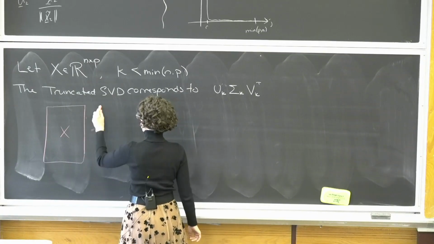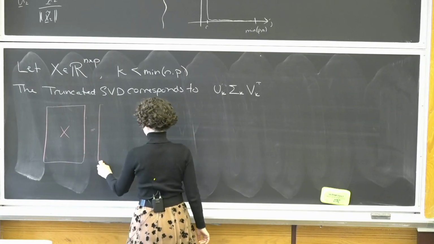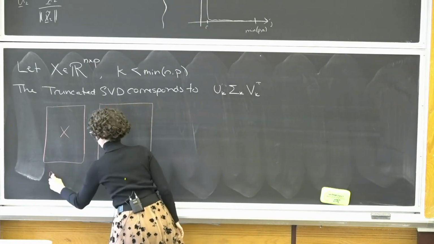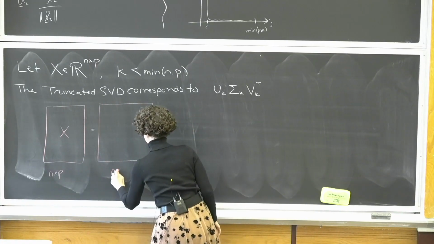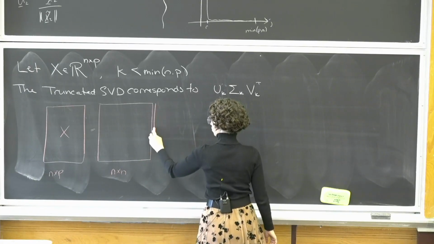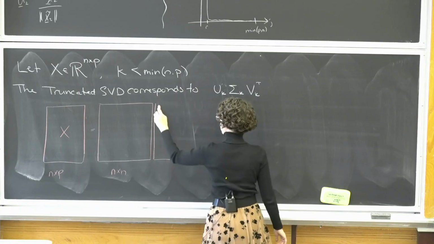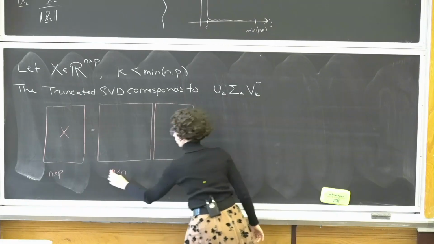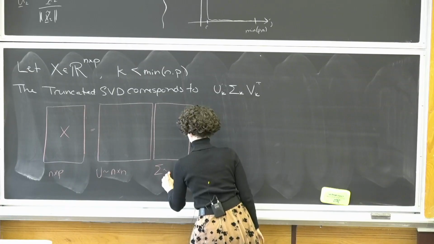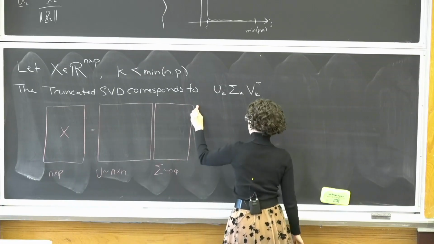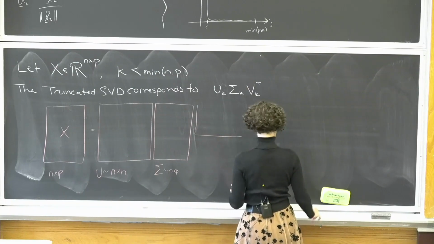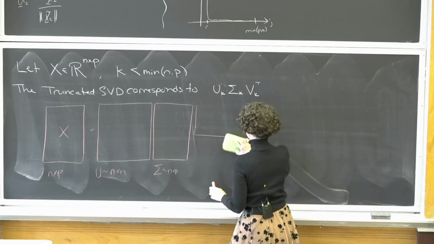And then let's imagine I do the full SVD. So my U matrix is square, n by n. Then I've got my sigma matrix, which is also n by p. And then I'm going to have my V transpose matrix.